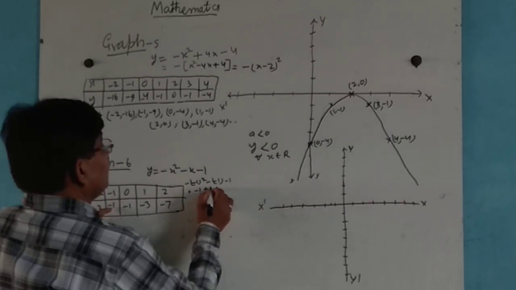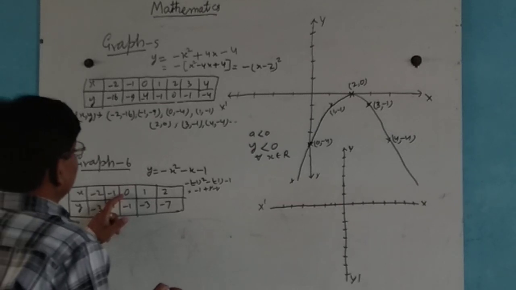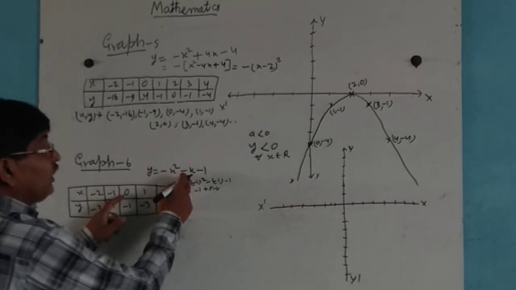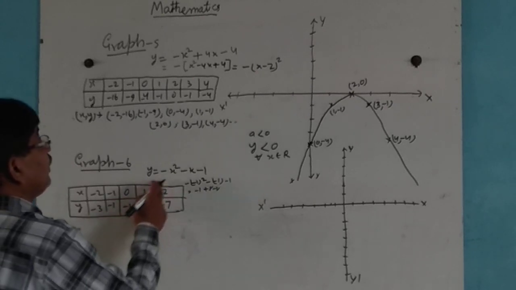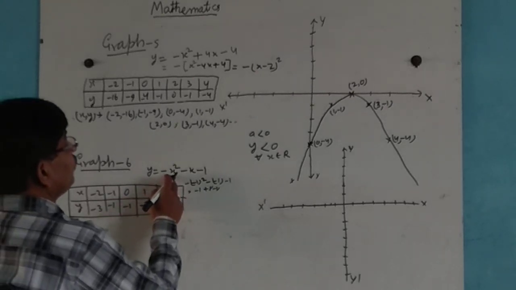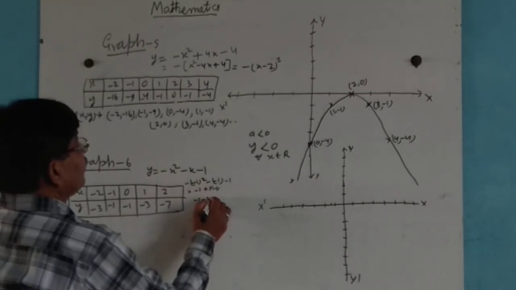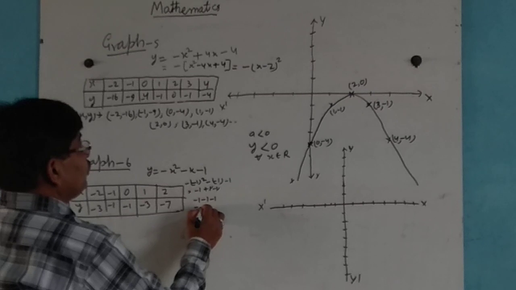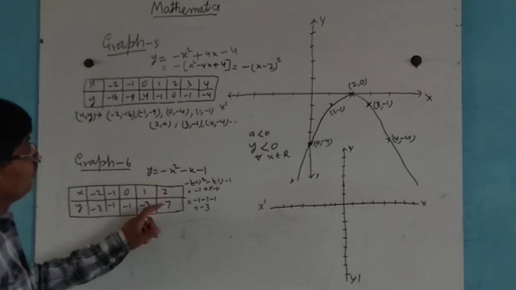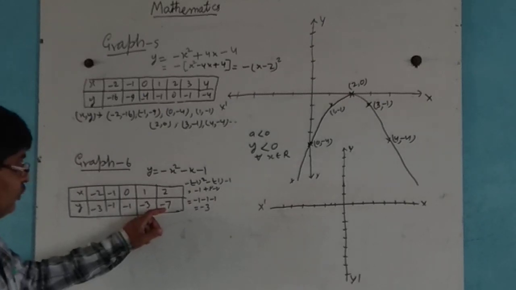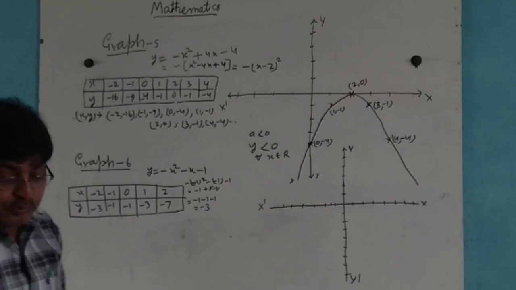This is also minus 1. X equal to 0, y equal to minus 1. X equal to plus 1, this is equal to minus 1 minus 1 minus 1, that is equal to minus 3. Similarly, putting the value of x equal to 2, the value of y equal to minus 7.